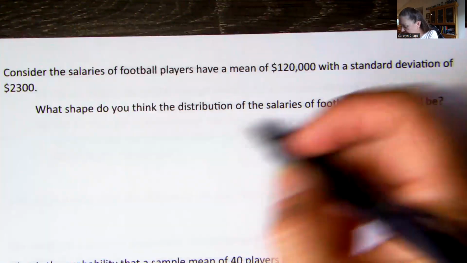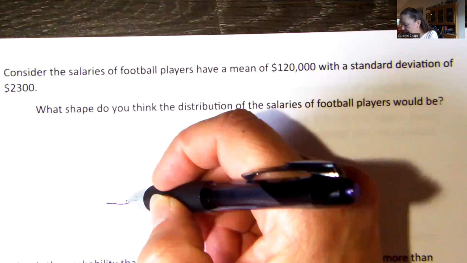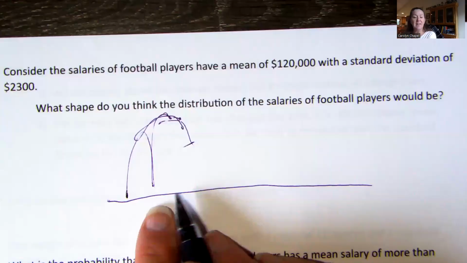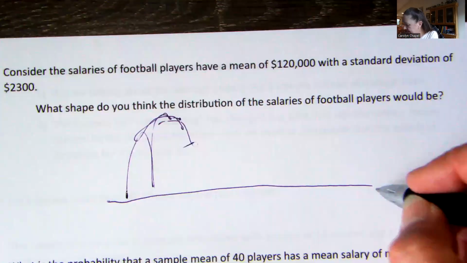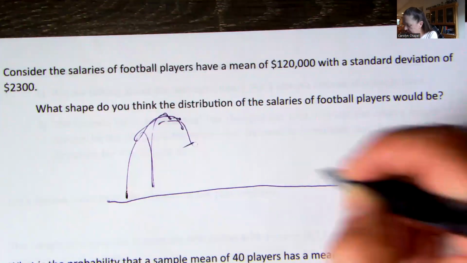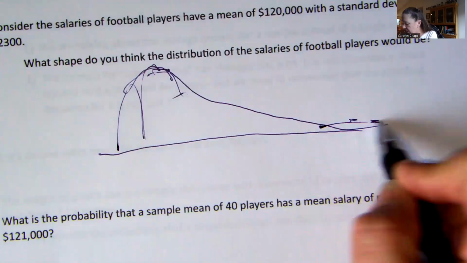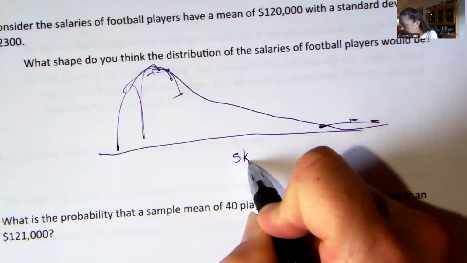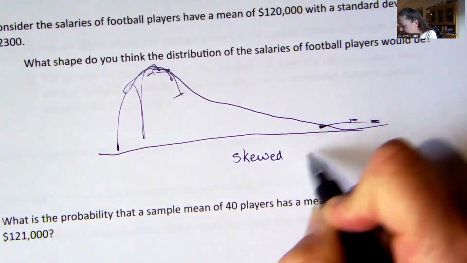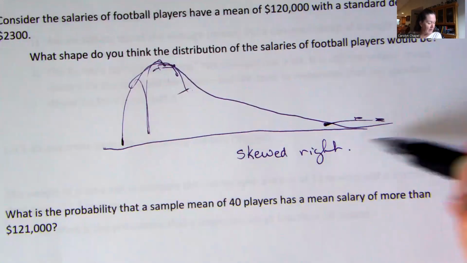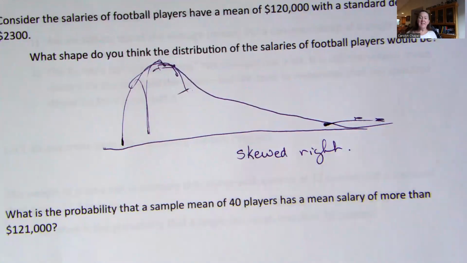So if you were looking at a graph, you would have a lot of people down in this area. Yes, it's still a lot more than I make, but you'd also have these few people that are way up here. So this thing would probably be, and this is really badly drawn, skewed to the right, because we'd have these big people making lots and lots of money that is going to pull that average up a little bit.